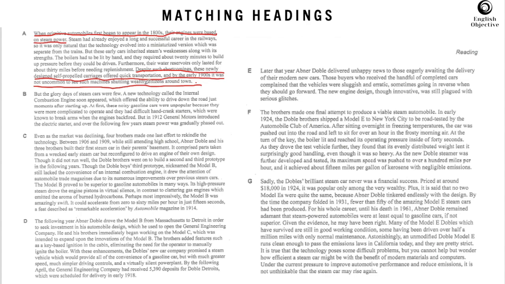We have basically a little bit of an introduction of history. So it appeared in the 1800s, and then these newly designed self-propelled carriages offered quick transportation, and by the early 1900s, it was not uncommon to see such machines shuttling wealthy citizens around town.